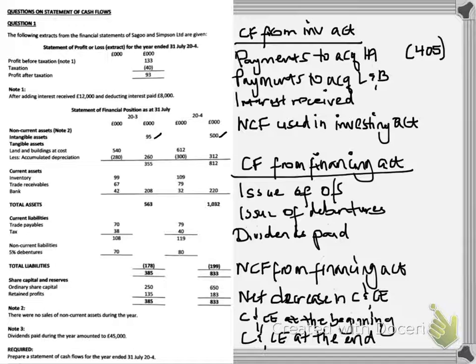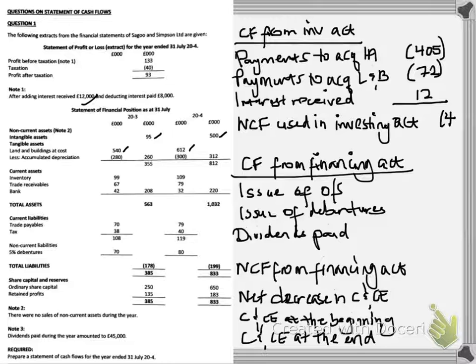Next, payment to acquire land and building, as what we have seen earlier. There's new land and building bought during the year, and the cost is 72. Next, interest received 12. This is a cash inflow. So what we have here is net cash flow used in investing activities.